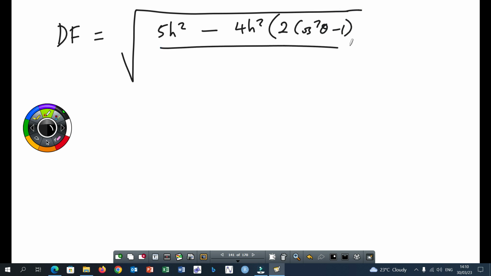This is all over tan squared theta. Then your knowledge of surds here is required, right? How to work with the square root.